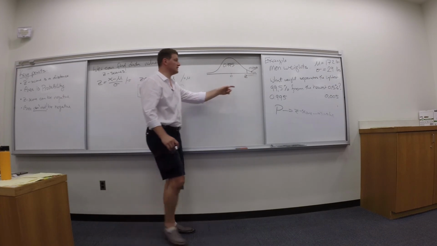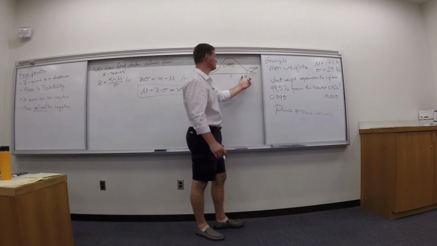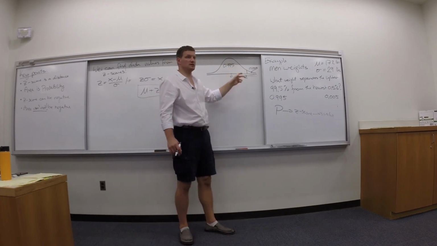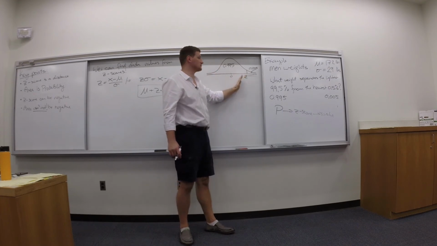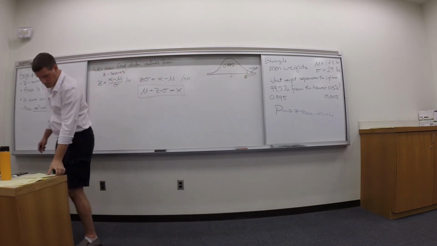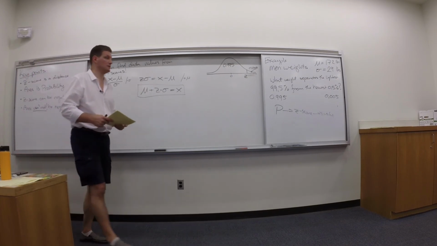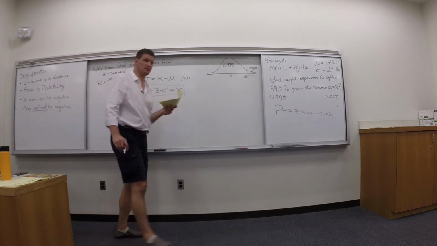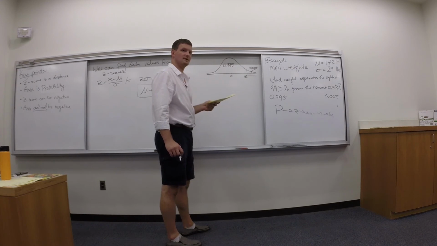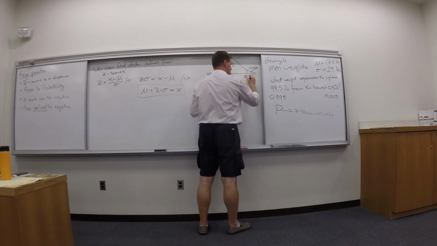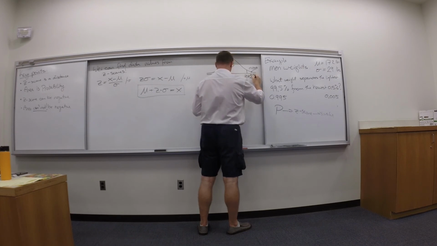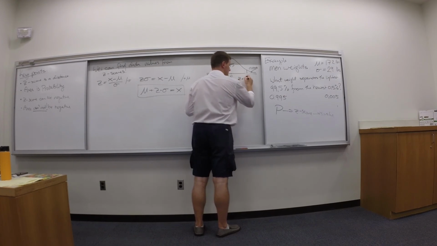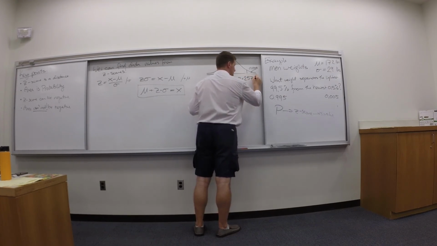So now we have the probability. We need to find the z-score. Step 2 is finding the z-score. So how do you find the z-score? We look up this probability, because the probability is to the left of the z-score. So what's the z-score? It's 2.575.